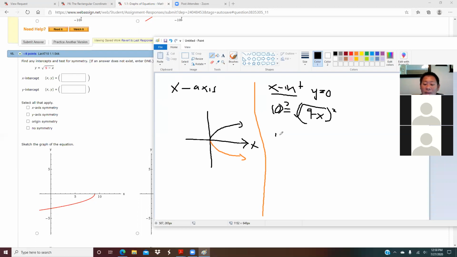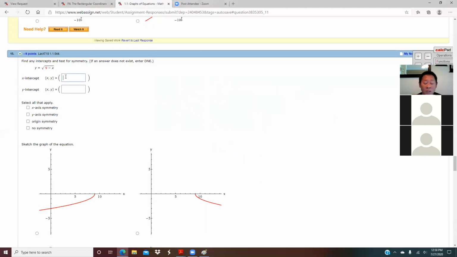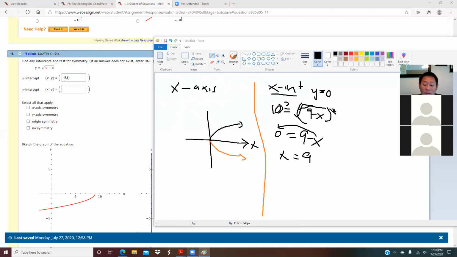So in this case, you get 0 squared, which is still 0. The square and square root will cancel. You get 9 minus x. And then I move the x over to this side because it's a negative x, it becomes positive x. So your x in this case is 9, but make sure you put in coordinates (9, 0). If you only put 9, they will mark you wrong in this case.